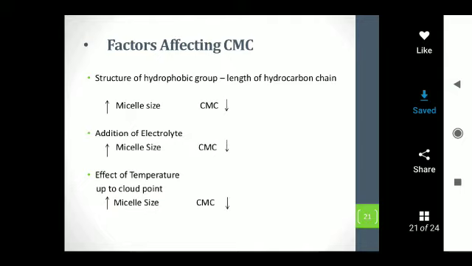Addition of salts decreases the CMC of surfactants. It also depends on the concentration and the number of charges generated. Micellar size can increase. Addition of other surfactants lowers the CMC values. By the addition of alcohols, the CMC can decrease.